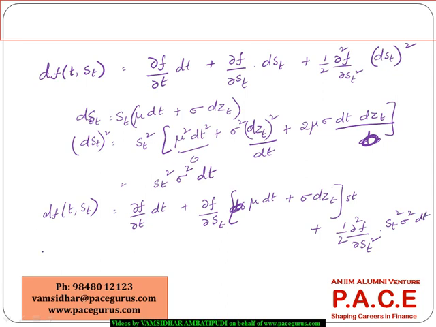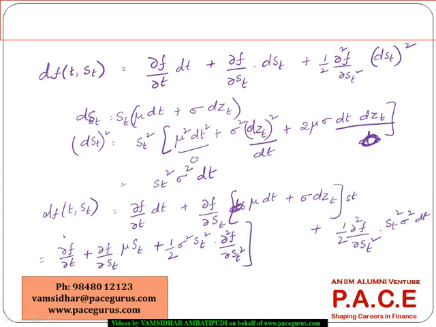So I could bring all the dt terms to one side. This is working out as ∂f/∂t plus ∂f/∂st times mu st plus half sigma squared st squared ∂²f/∂st².